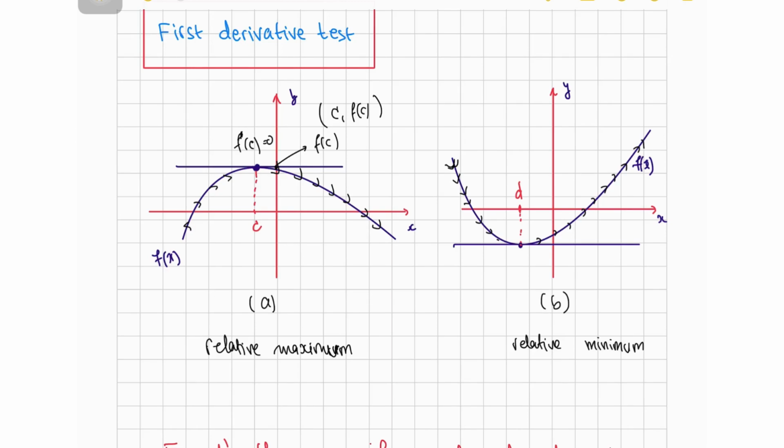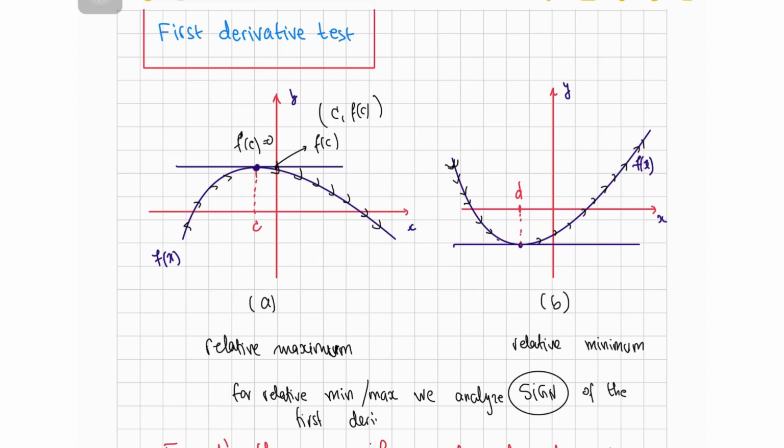Now, when we have a relative maximum or relative minimum, I will just say here, for relative minimum or maximum, we analyze the sign, this is important, the sign of the first derivative.